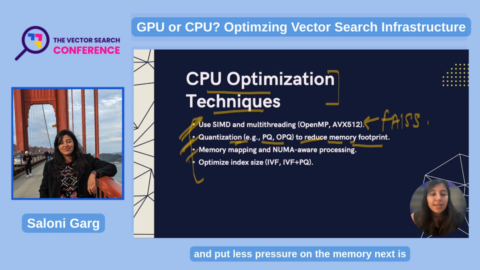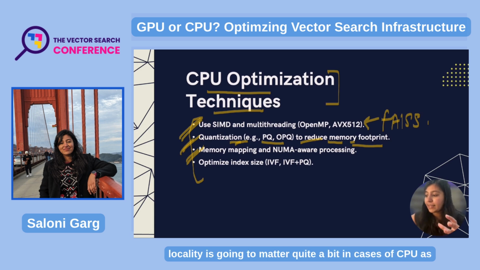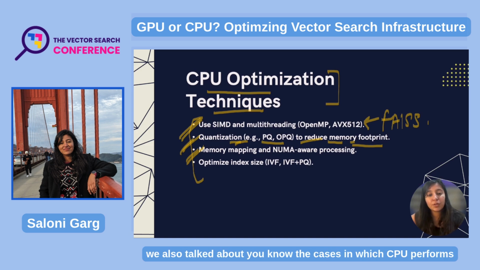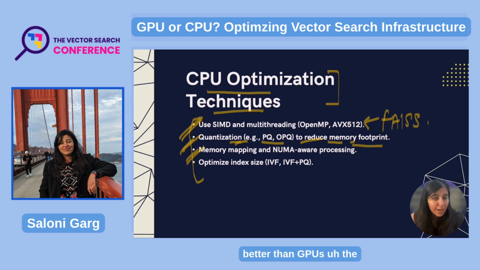Next is memory mapping and NUMA-aware processing. Memory locality is going to matter quite a bit in the case of CPU, as we also talked about the cases in which CPU performs better than GPUs. The reason is the locality of the data, and the mapping of the memory is the main reason here.